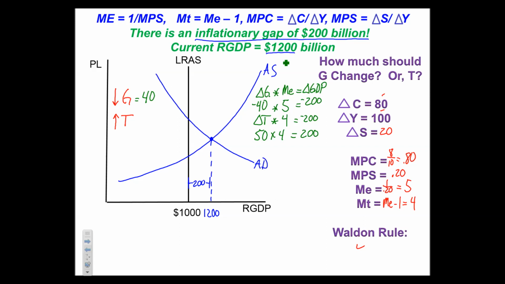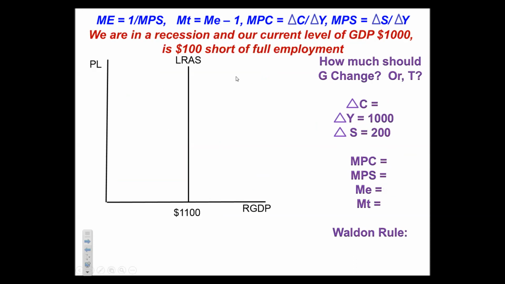We increase taxes by 50 to get us negative 200. So if we increase taxes by 50, that'll do the trick. We could do one or the other, and we fix the economy. We solve the inflation problem. So that's how that works. Good examples. All right, next.